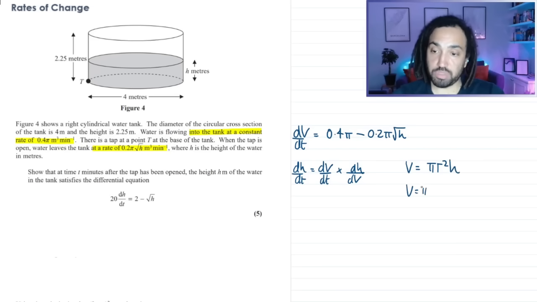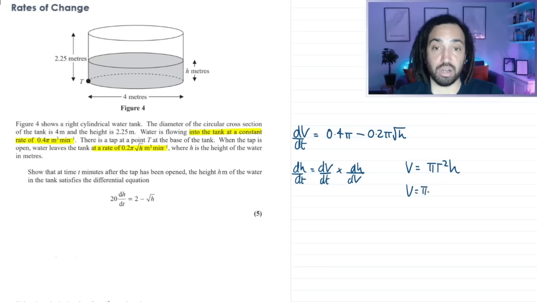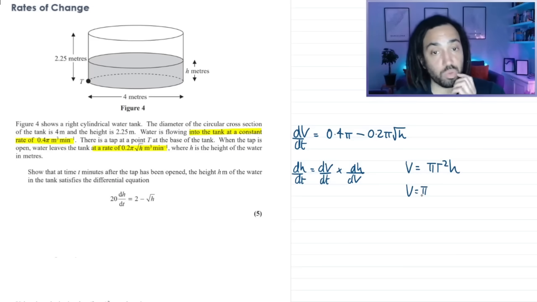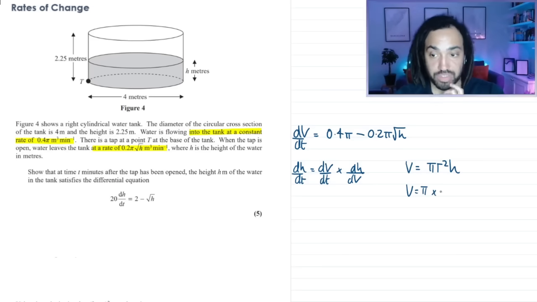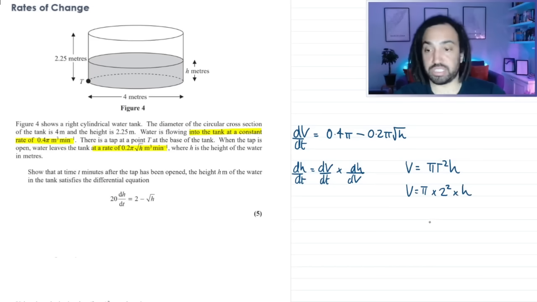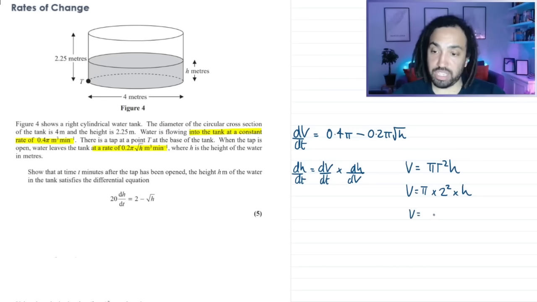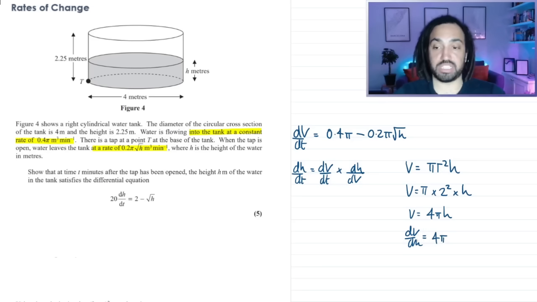So that is equal to pi, and the r is going to stay the same all the way through, so we can use the fact that the radius is 2, and the height is going to vary, so that is just h. So V is equal to 4 pi h, which allows us to find dV by dh, so that will just be 4 pi, differentiating with respect to h.